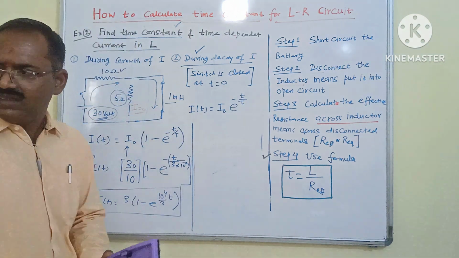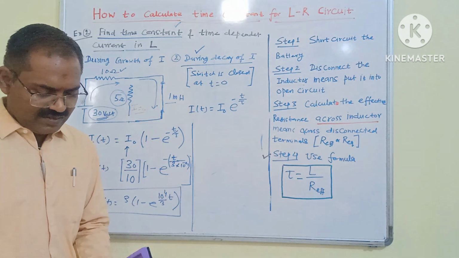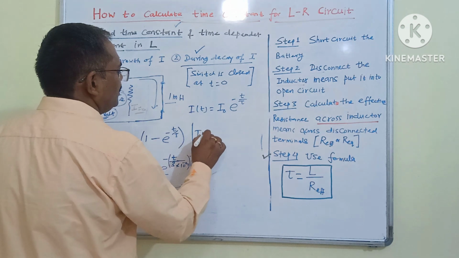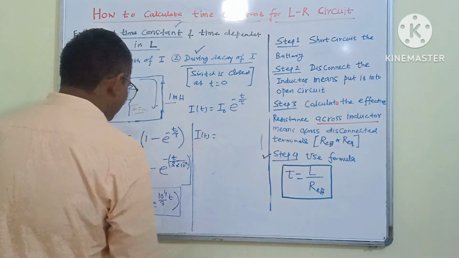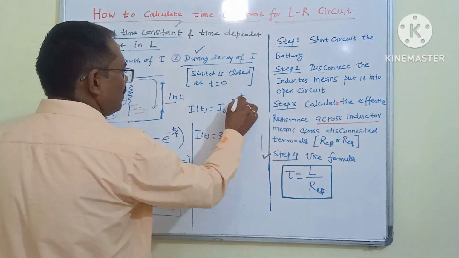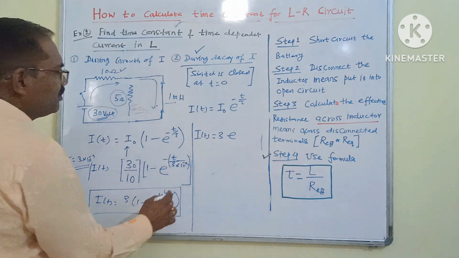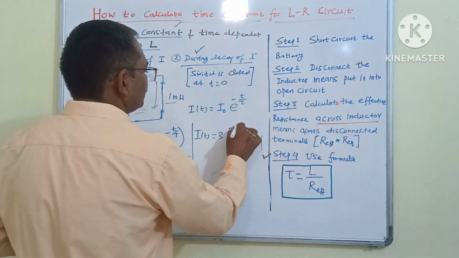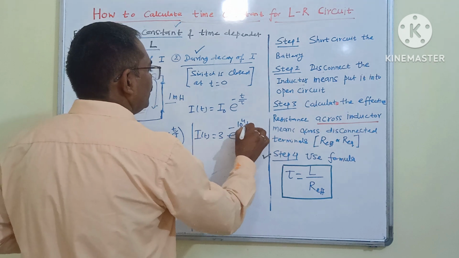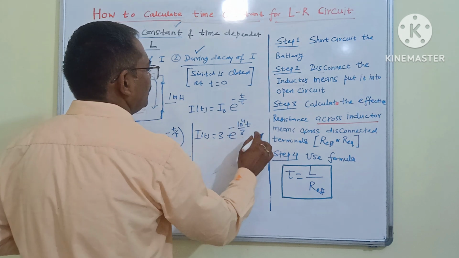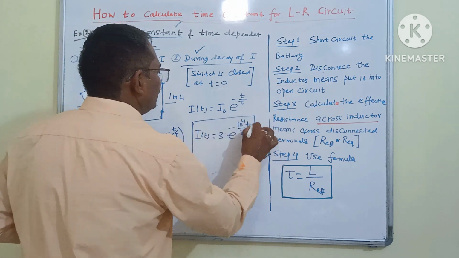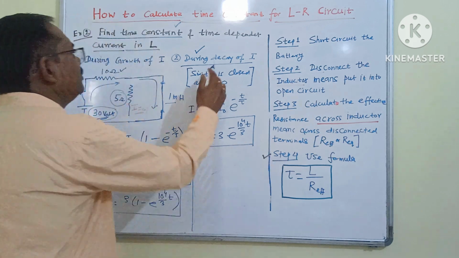So during decay, same value I naught is same, that is 3, times e raised to the power minus 10 raised to the power 4 t by 3. This is equation in case of decay of current.